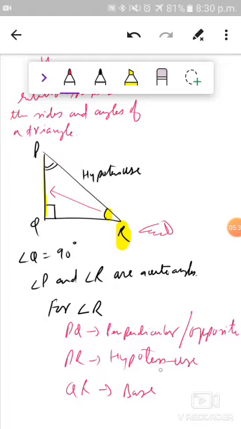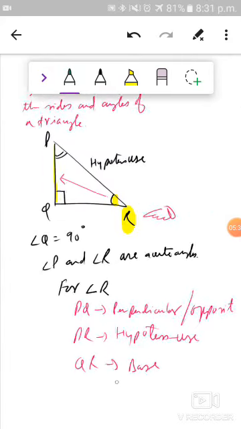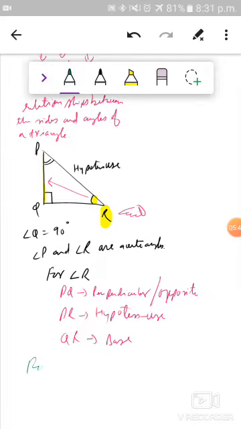Let us consider the situation in terms of angle P. So for angle P, you see, hypotenuse will be the same. Hypotenuse is always the same, the side opposite to 90 degree, that is PR here. Now for angle P, what is the opposite side of angle P? That is QR.